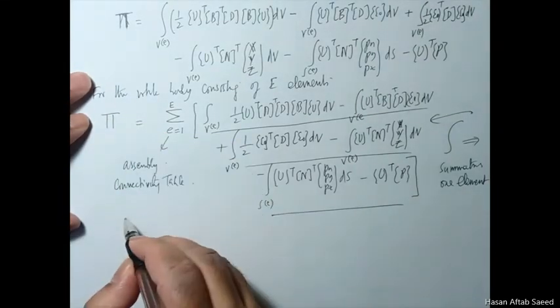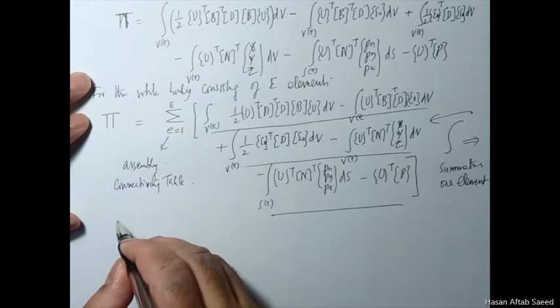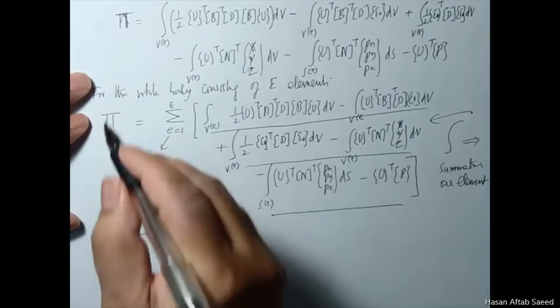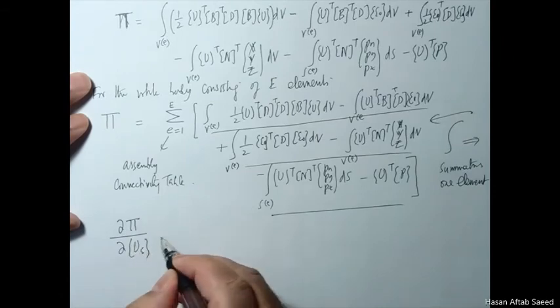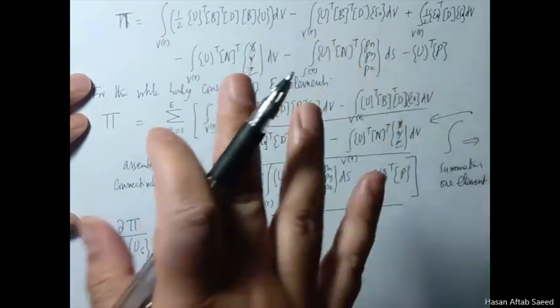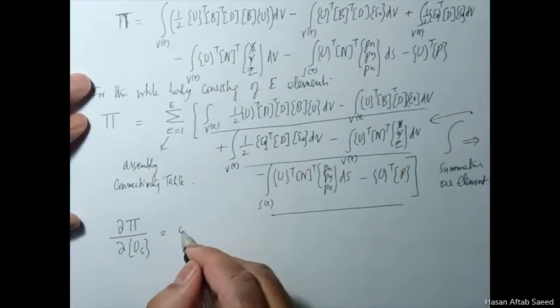So you differentiate this with respect to the displacements of the whole system, whatever the total degrees of freedom are. You have to differentiate this whole thing by that number of degrees of freedom, and then you have to put it equal to 0.